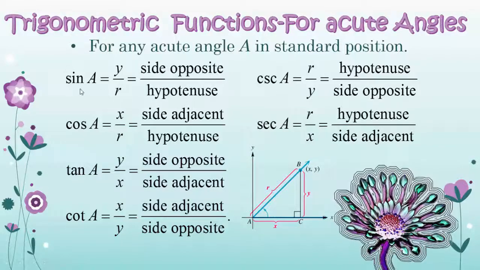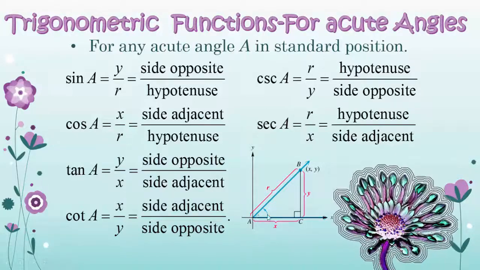We have the sine, and the sine of this angle means that we have the opposite, which is across from this angle, that's y, over the hypotenuse, which we called r here. Now the cosine, here may be a new word, adjacent.